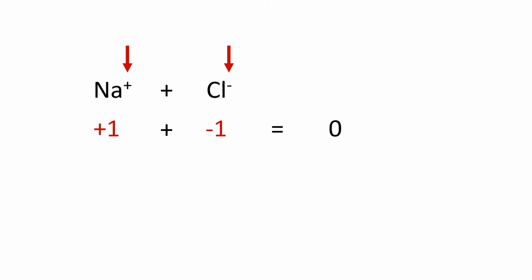And we would basically say that we have a neutrally charged equation, one that balances, so that the positive charges and the negative charges equal 0. That's how we know it's balanced. And with our charges balanced, we could now write the formula for the ionic compound with 1 sodium and 1 chloride.